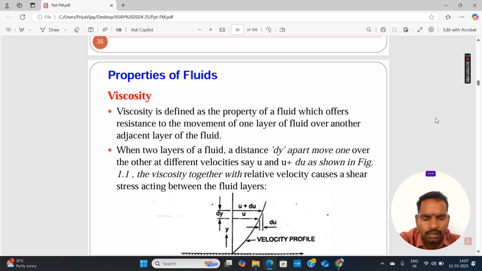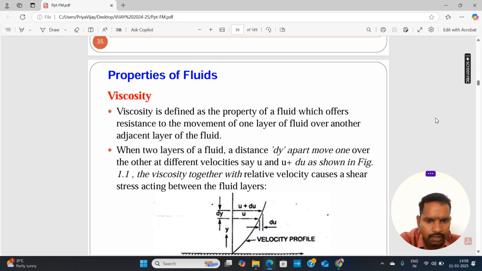How can we elaborate this? Consider a pathway where water is flowing. The layer adjacent to the solid surface will have zero velocity. When you go from the downward layer to the top, the velocity of the layer increases.